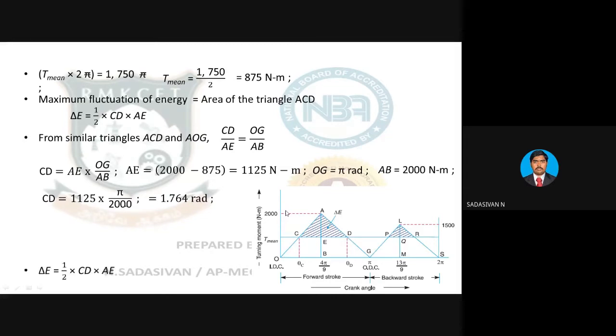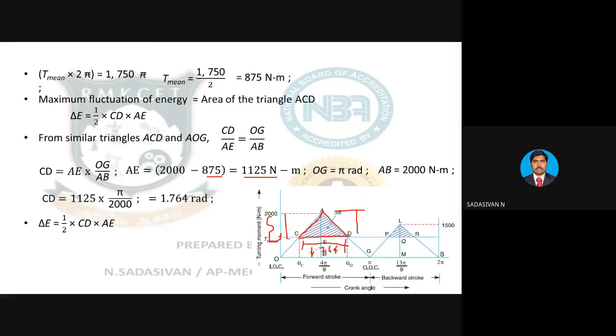Now find out the area of the small triangle: half into CD into AE, half into base into height. The base, just now I have found out as 1.764 radians using the similar triangle principles. The height is known: 2000 minus 875, 1125.